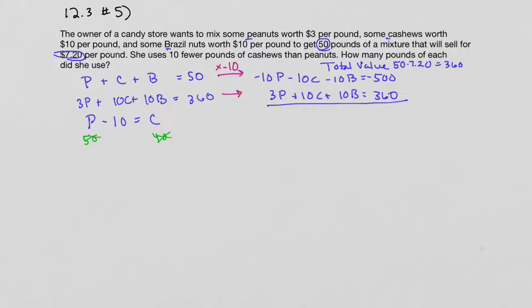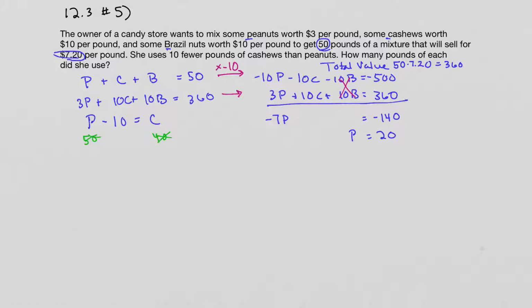We add these up, and B's are eliminated. We have -7P. Oh, the C's were eliminated as well. -7P equals, let's see, adding these up, we have -140. We divide both sides of the equation by -7, and P is 20.